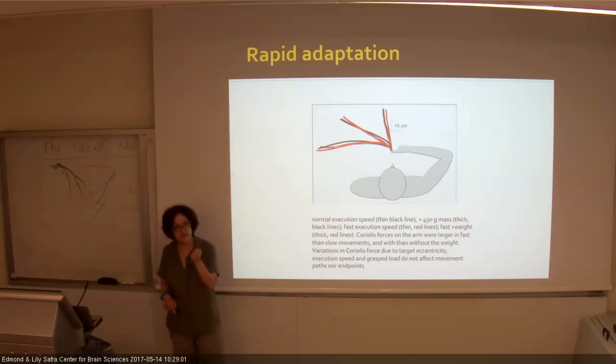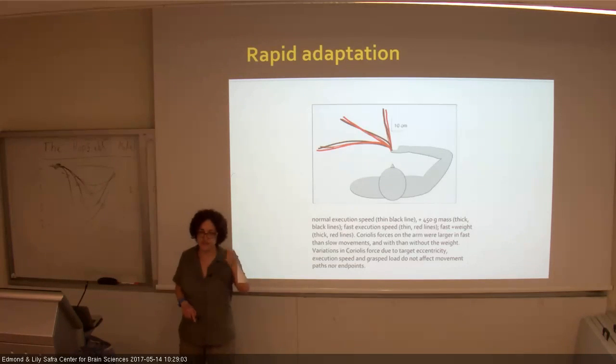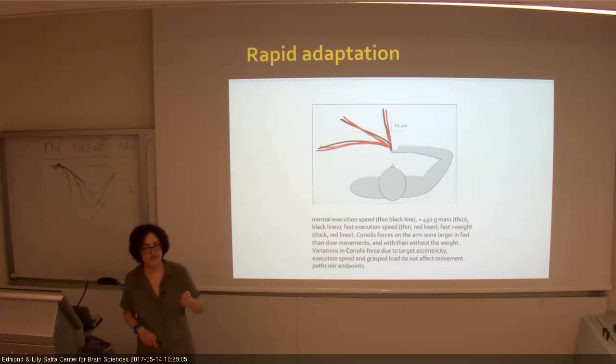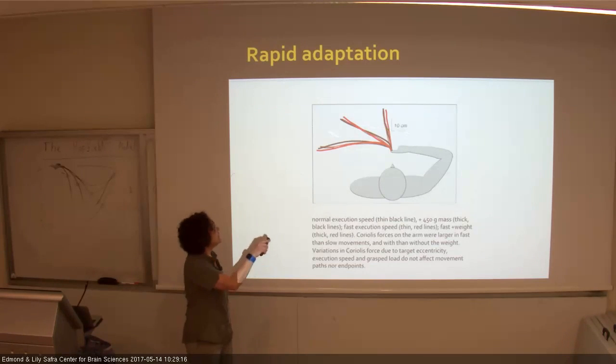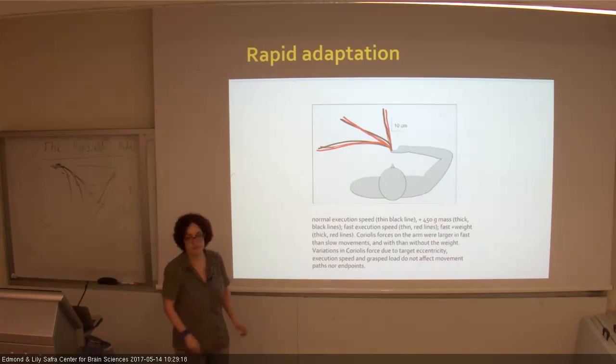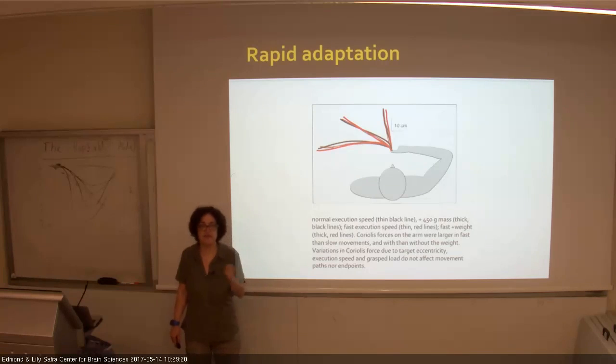So somehow the system is designed or optimized for some final endpoint position. It doesn't matter the exact forces that operate on your limb. You generate very similar trajectories under these different conditions.